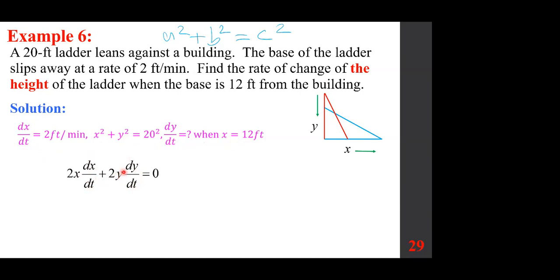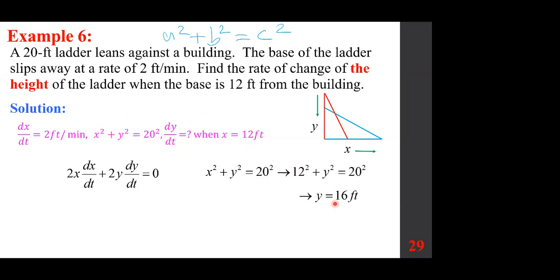How do we find y? Well, here's the Pythagorean theorem, and it says x squared plus y squared is 20 squared. If x is 12, I can find y using that. So let's find the y value. x squared plus y squared is 20 squared. And I'm assuming everybody can do this simple math. Okay.